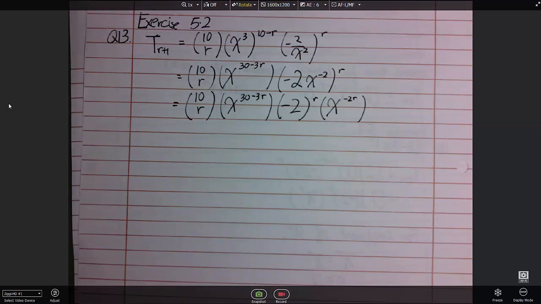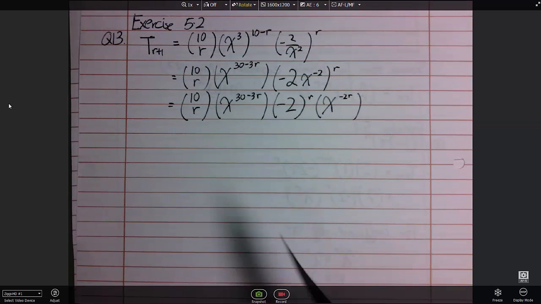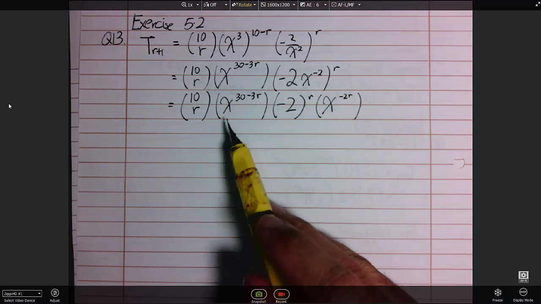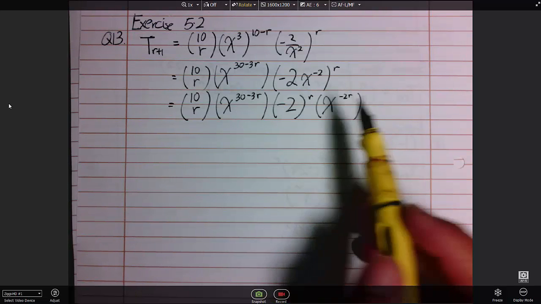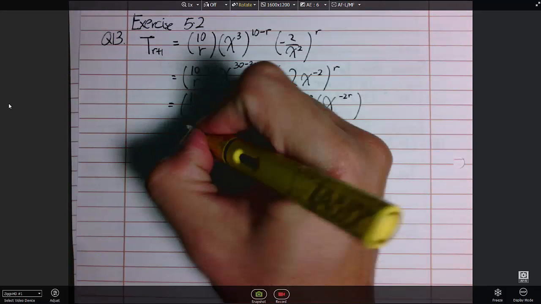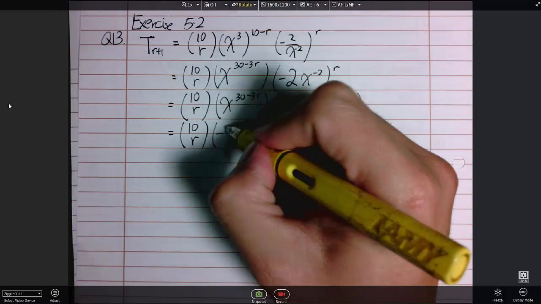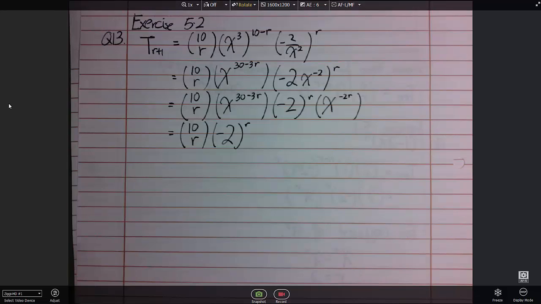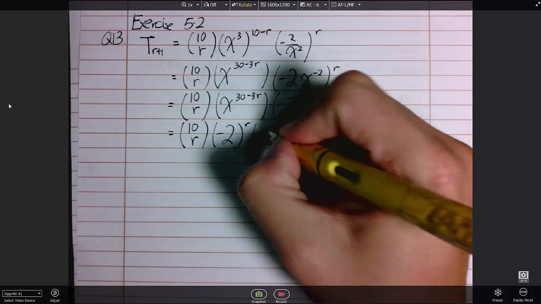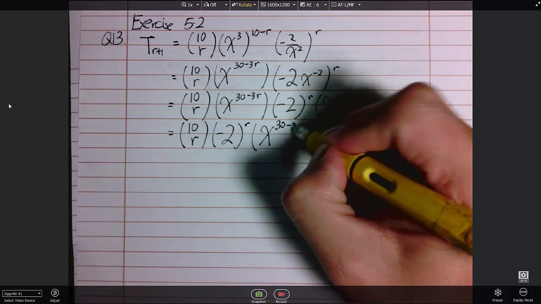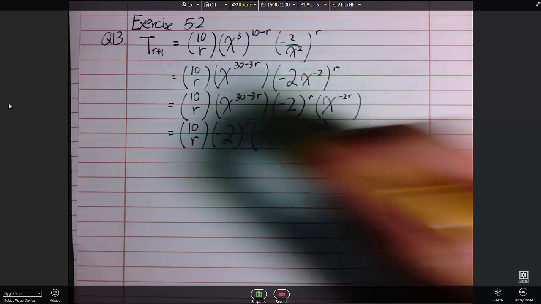If we remember from our laws of indices, a to the power of m times a to the power of n is a to the power of m plus n. So if I simplify everything, 10 choose r, negative 2 to the power of r, and here I'll get x to the power of 30 minus 3r minus 2r.